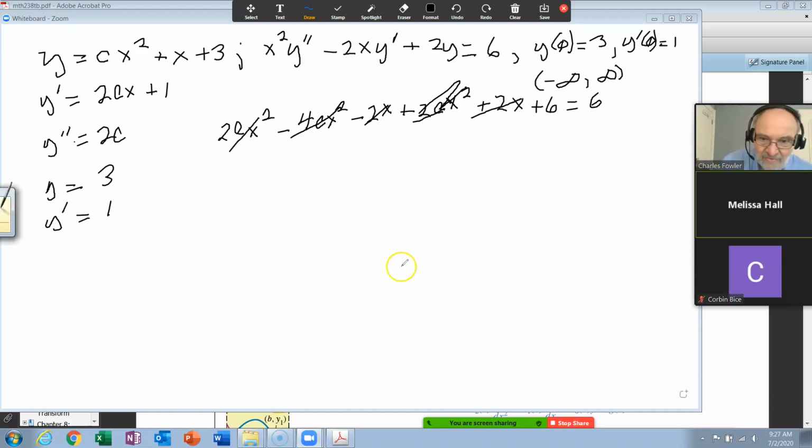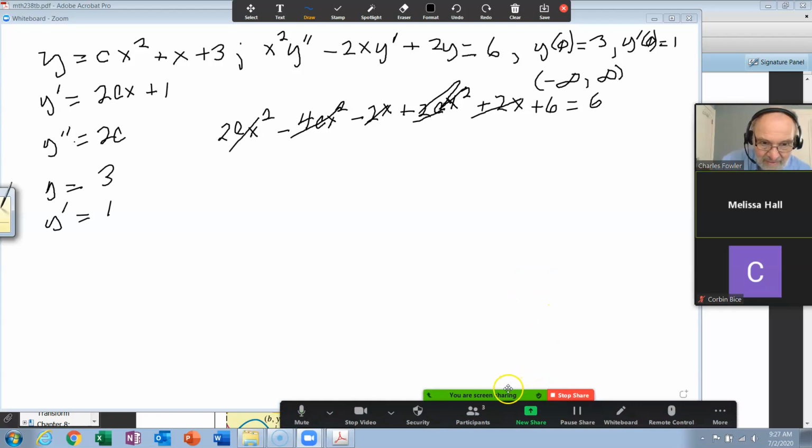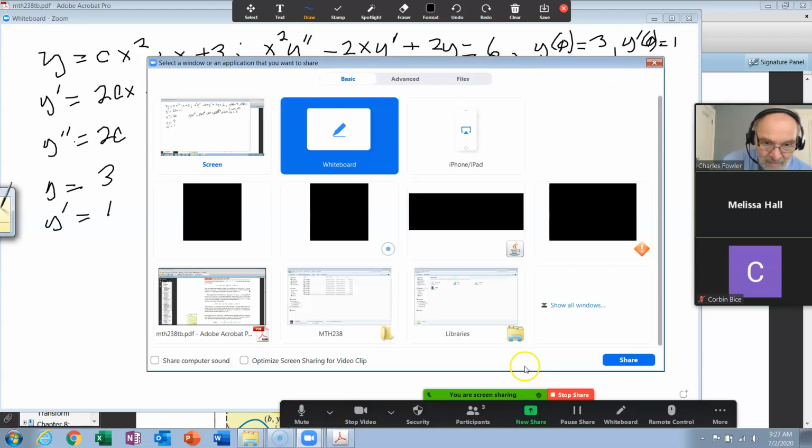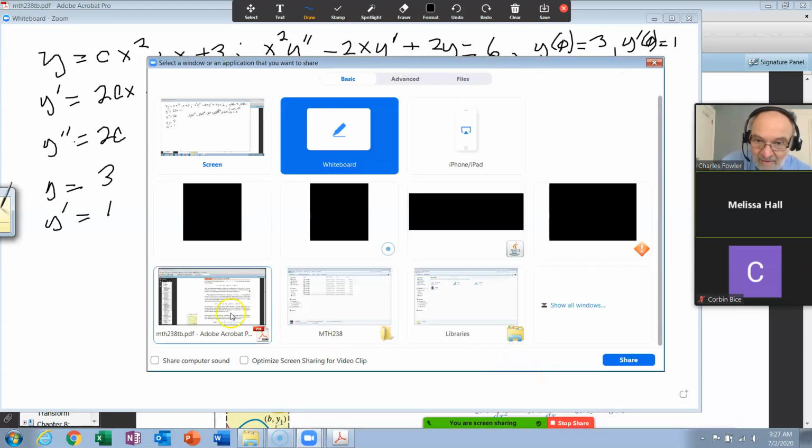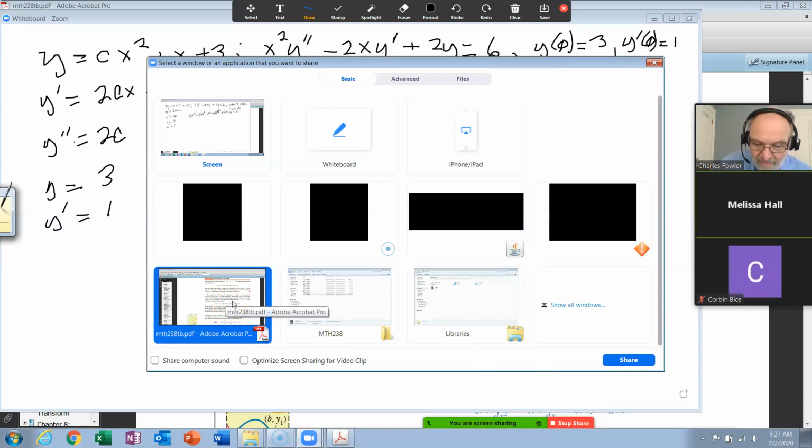Now let's go back to the text, which I'm trying to reach here. I have to hold my Wacom in place because I'm right on the edge of my computer here. If I go too far up on the keyboard, it keeps hitting keys and making noises. I don't like that.